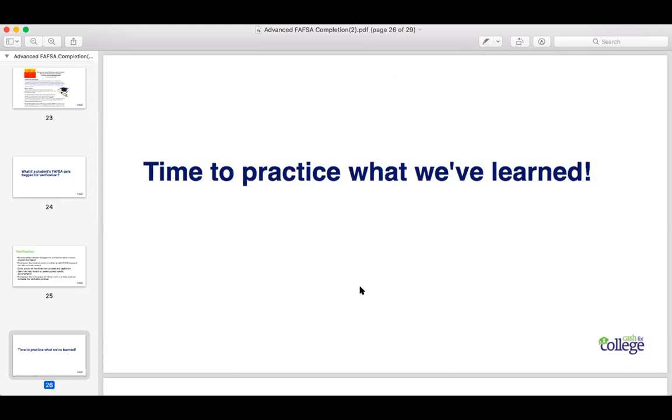Okay. The next question. A student's parents are divorced and one parent is remarried. The student receives support from both parents, but spends most of her time at her mom's house with her stepdad. What does that student include on the FAFSA?